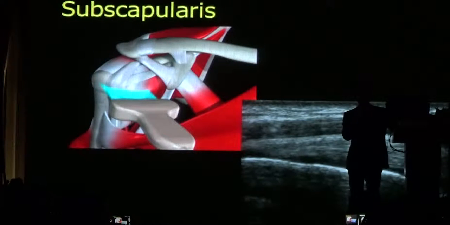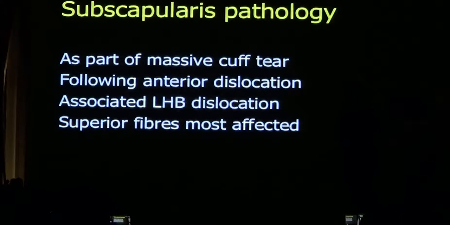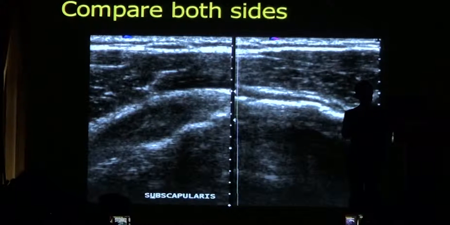I'm moving on now to the subscapularis tendon. And we often see subscapularis pathology as part of a massive rotator cuff tear. And often it occurs following an anterior dislocation of the shoulder, and the uppermost fibers of the subscapularis are affected.